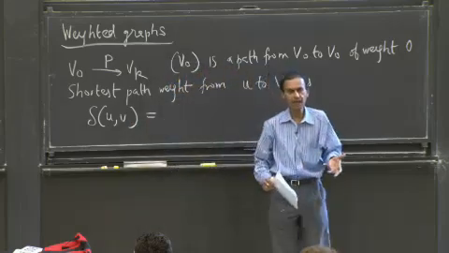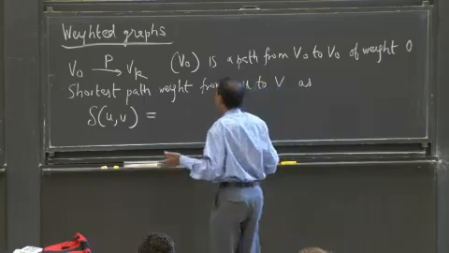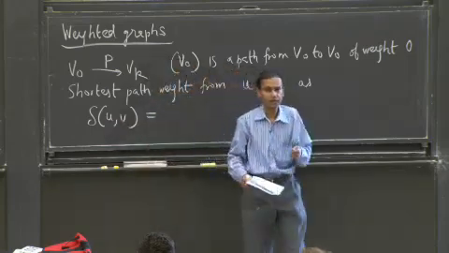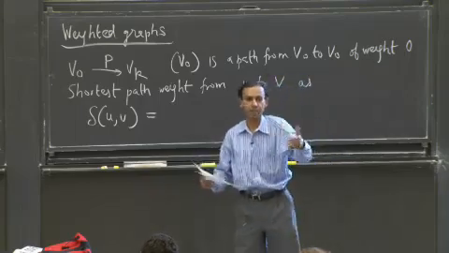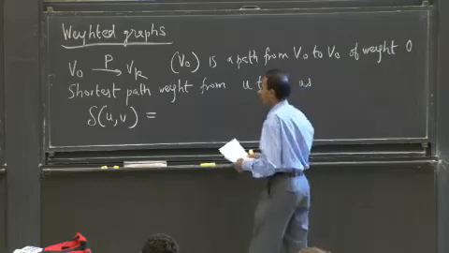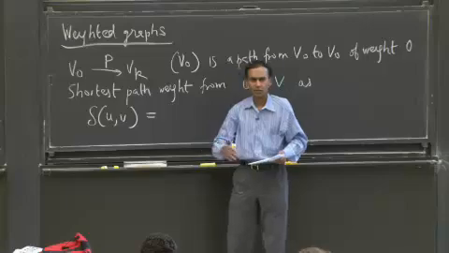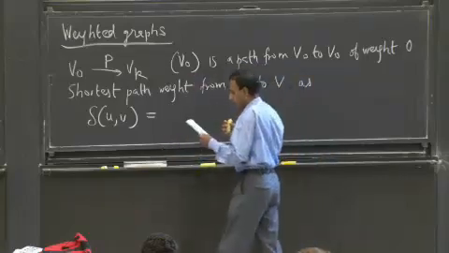My goal is to find delta, and it's also to find the path. It doesn't help you very much if you know that there's a way of getting from here to Lexington within 14 miles if you don't know what that path is. So you want to get the weight, but you want to get the path as well, and these algorithms will do that for you.